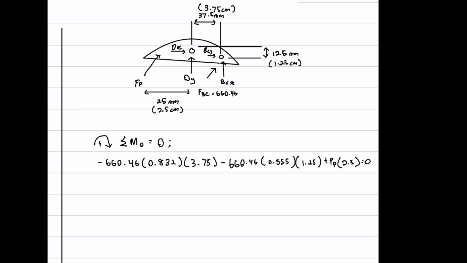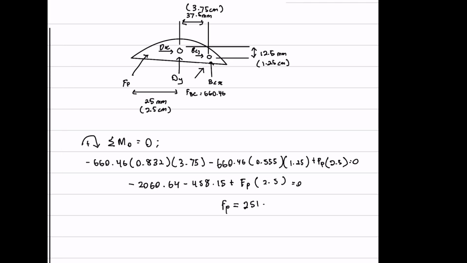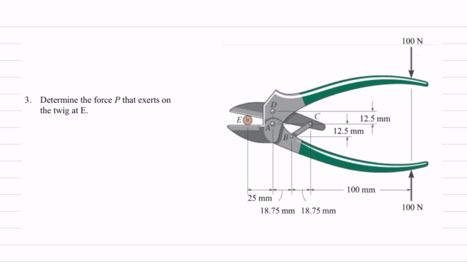FP times 2.5. 2.5 we get from the length of FP to Dy, so equal to 0. Next, the answer is FP equal to 2518.79. Then we divide by 2.5, so the final answer is 1007.52 Newton. So the force exerted on the twig at E is 1007.52 Newton.